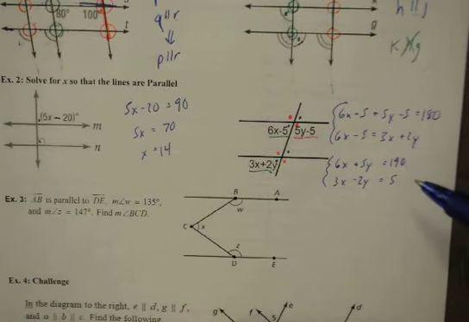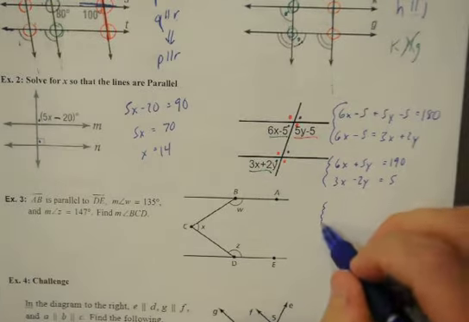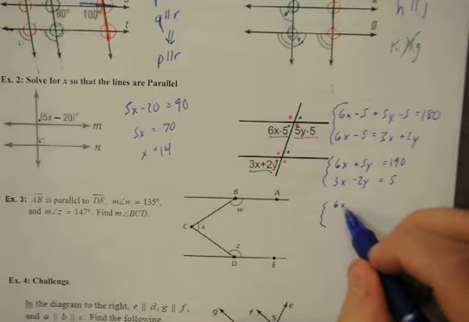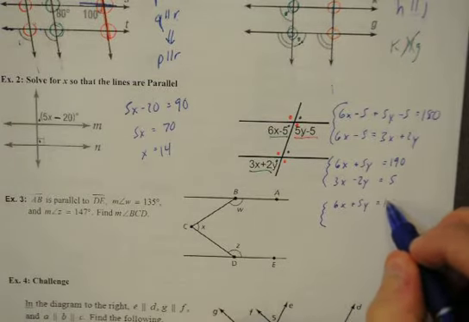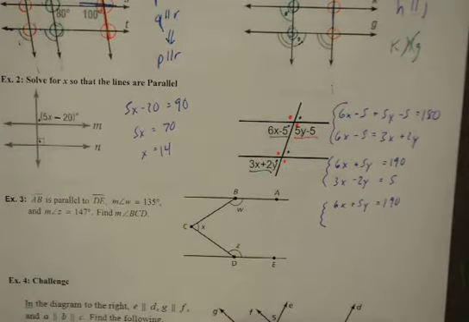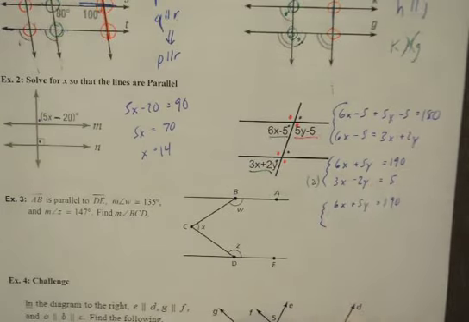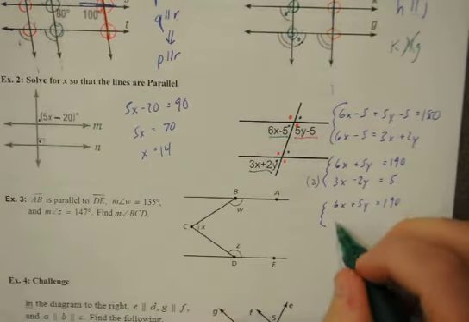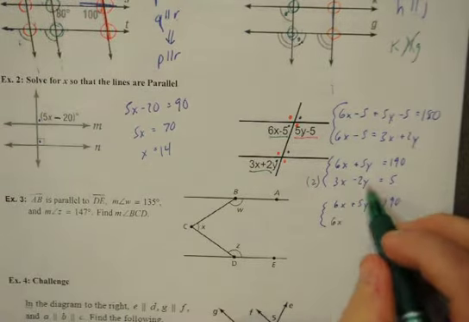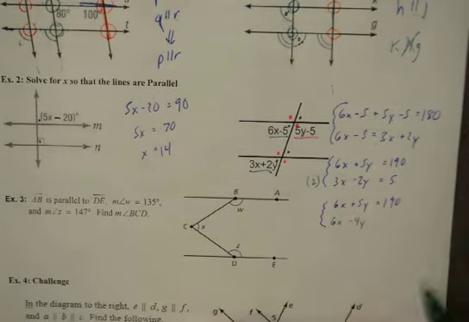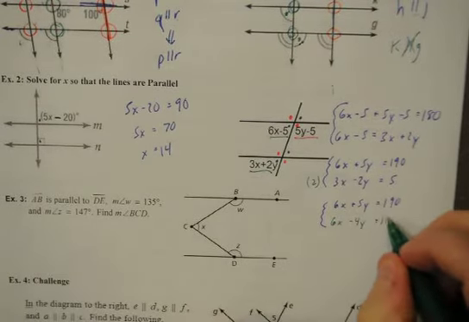Now I'm going to take the bottom equation and multiply by 2, because watch what happens when you multiply by 2. So 2 times 3 is 6x, 2 times negative 2 is negative 4y, and 2 times 5 is 10.